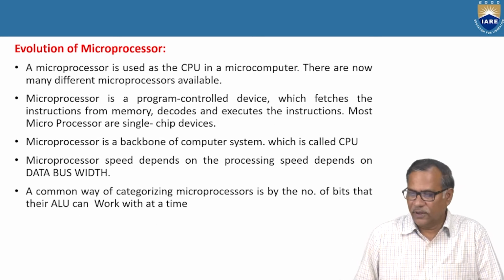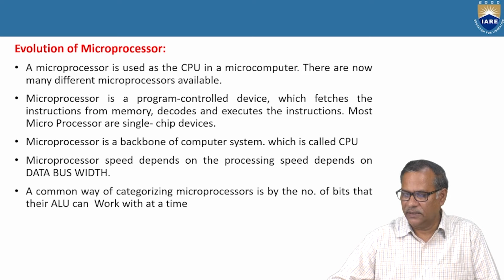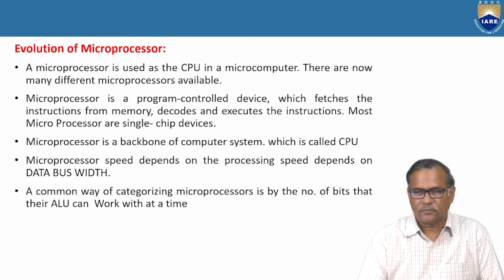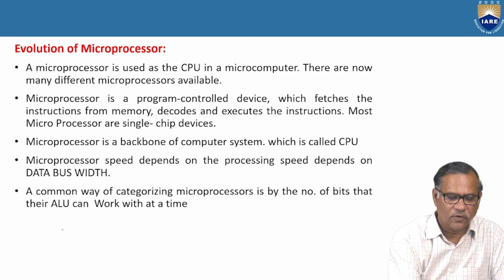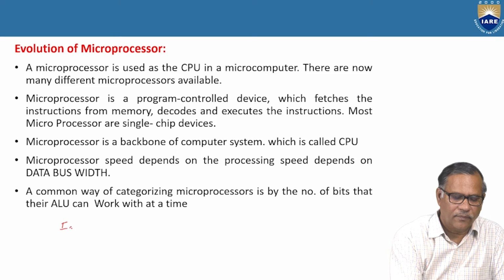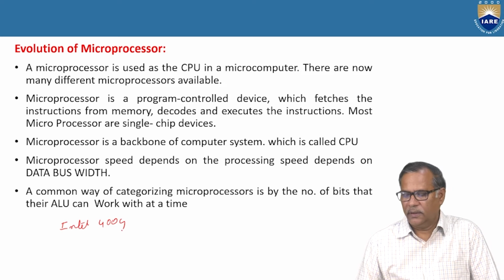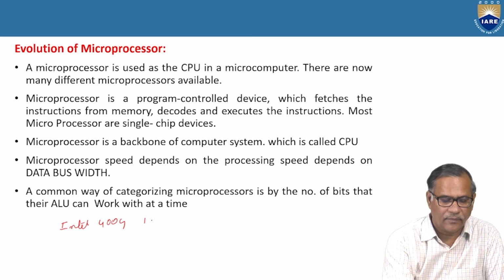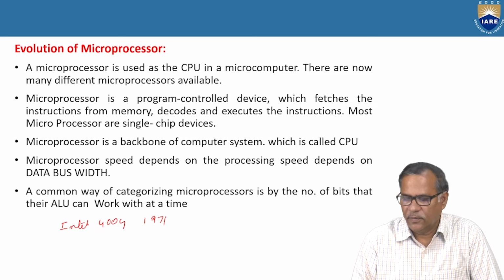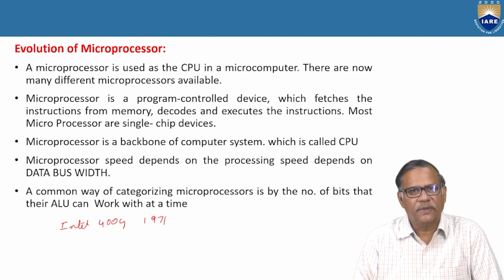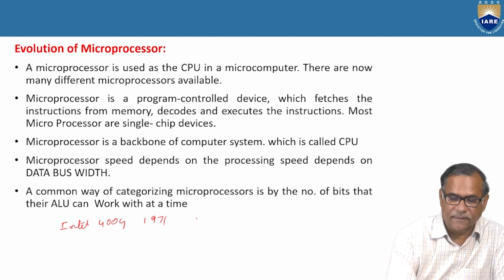So the evolution of the microprocessor is like this. Intel made the 4004 microprocessor in 1971. This was a 4-bit microprocessor, and it was based on PMOS technology.